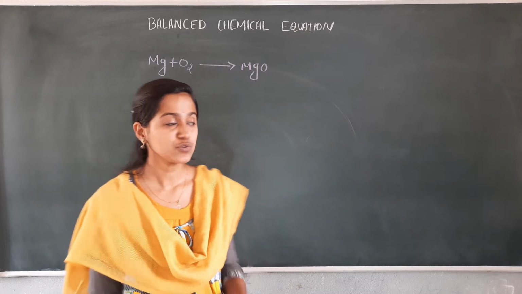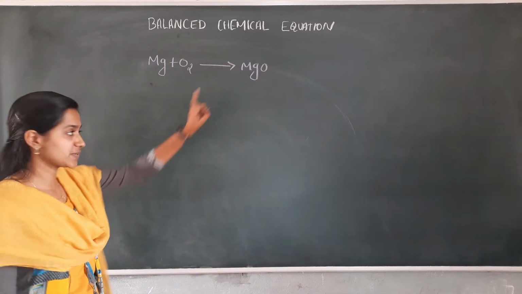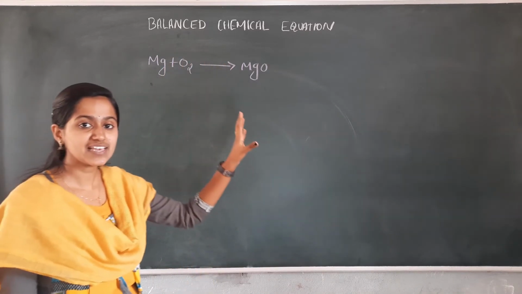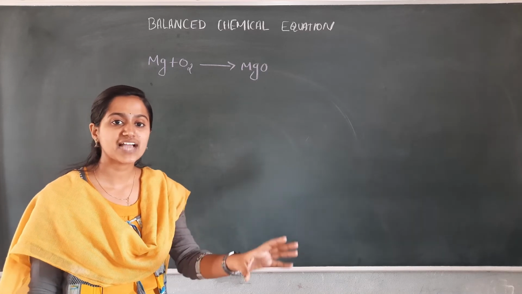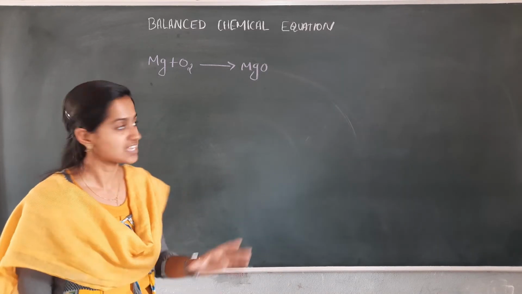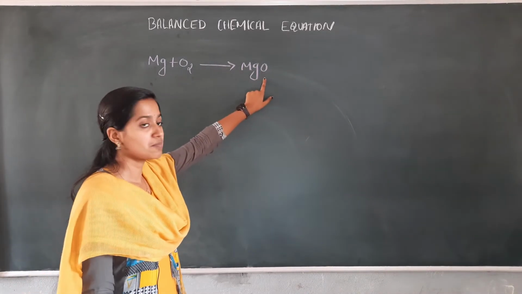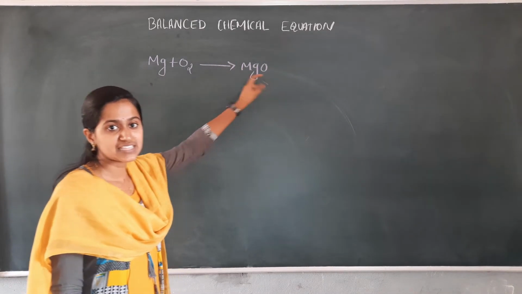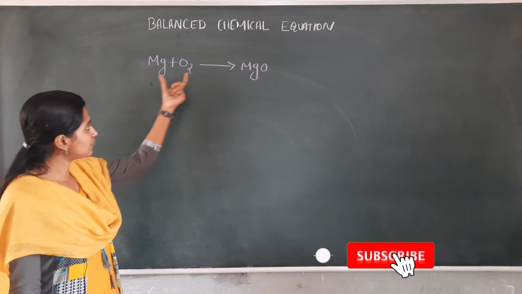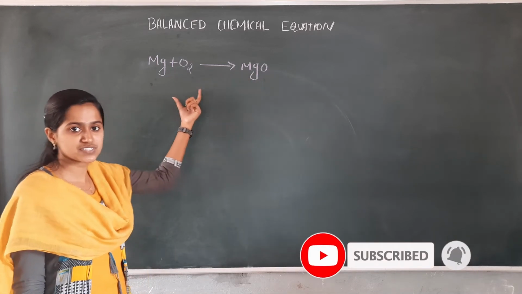Now let's look into the balanced chemical equation. Here we can take the same example, the reaction of magnesium and oxygen. Magnesium reacts with oxygen to produce magnesium oxide. Then we count the number of atoms on either side of this equation.